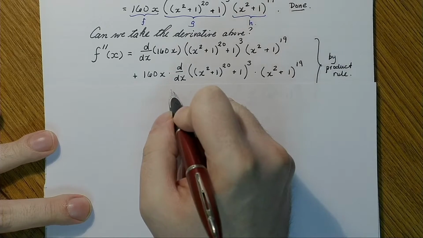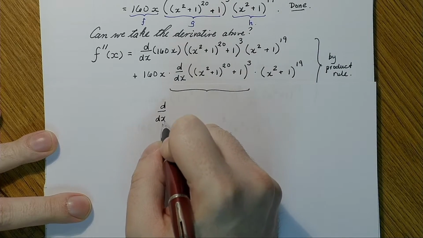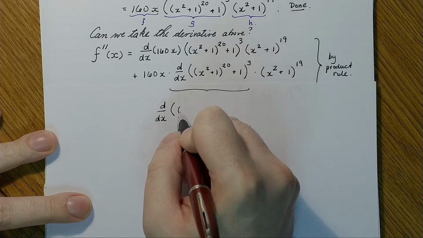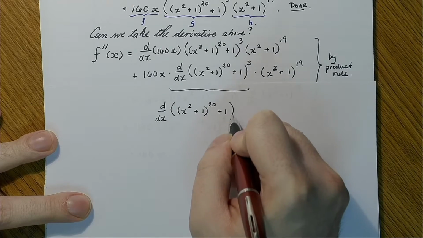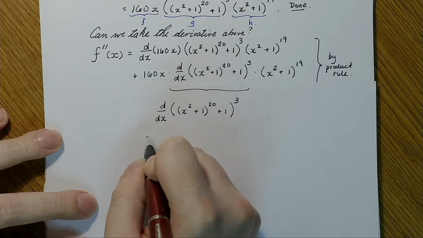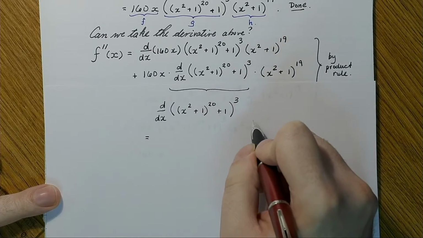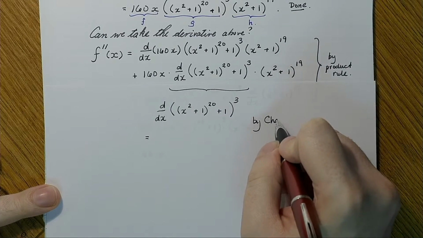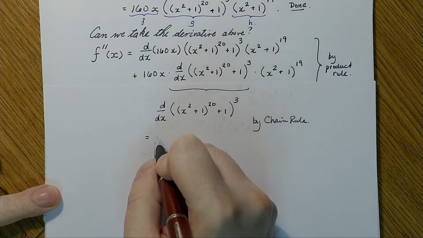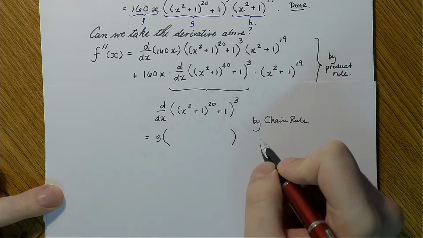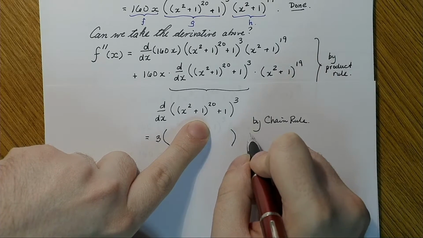So what I need to do is take this derivative. Now, when I'm doing this, I'm using the chain rule. By chain rule, 3 comes down in front, and then I still have to take the derivative of the inside.